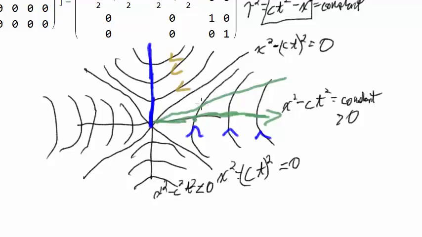So this event is moved here, this event is moved here, this event is moved here. And that's the relativity of simultaneity, ROS. And then this point will move here, this point will move here, this point will move here. So it's going to rotate, and that's called the relativity of position.